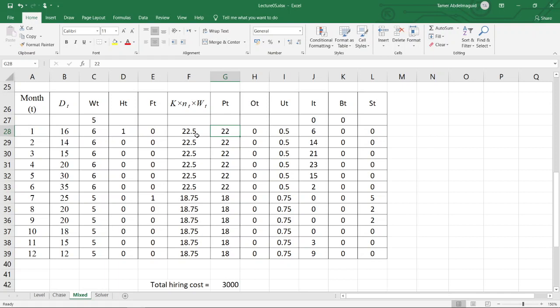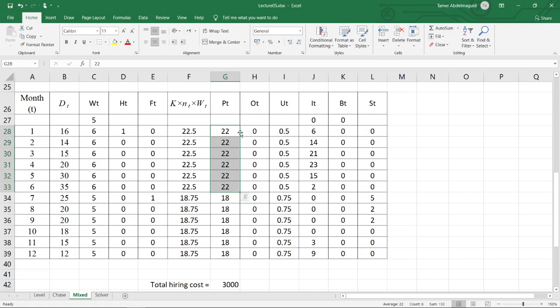Since the number of workers in the last 6 months will be less, we might think we need to keep more inventory throughout the first 6 months. And to do that, I decided to have the production as high as possible. So I decided to have it 22.